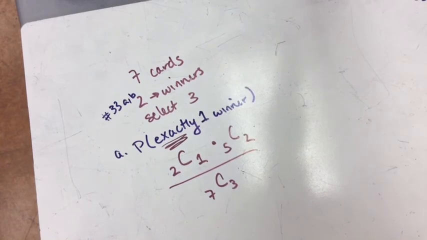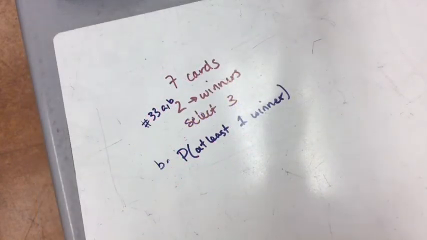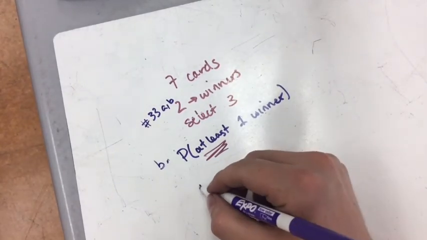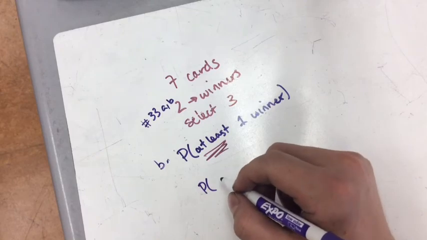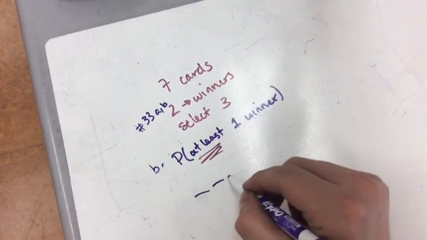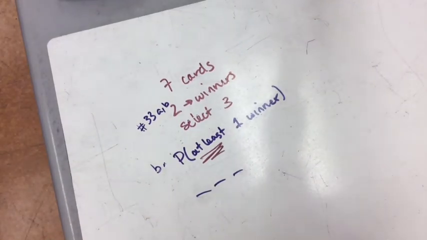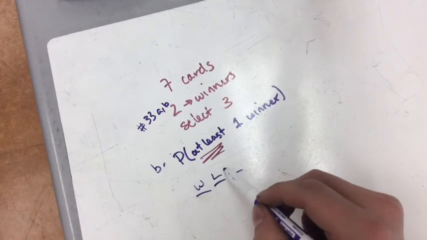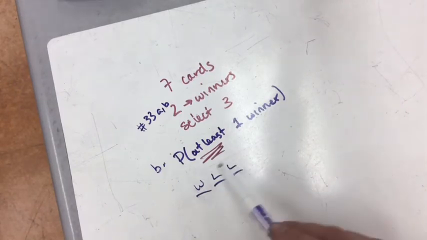The trickier part comes in part B. Part B asks, what is the probability of at least 1 winner? And this would actually take a lot of computing. Since it's at least, if we think of a 3-card draw, or a 3-card experiment, if we had a winner, loser, loser, this is at least 1.